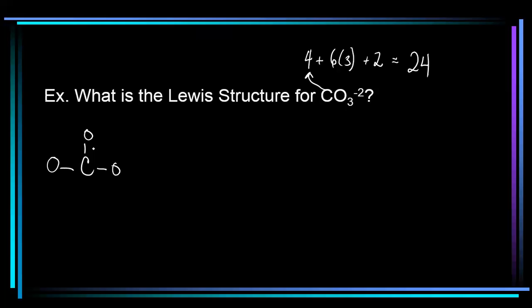All right, 2, 4, 6, 8, 10, 12, 14, 16, 18, 20, 22, 24. Done. Phoebe, we're done. Is everyone happy? No, carbon doesn't have 8. Is carbon bonded to something that has a pair of electrons that it's not using?